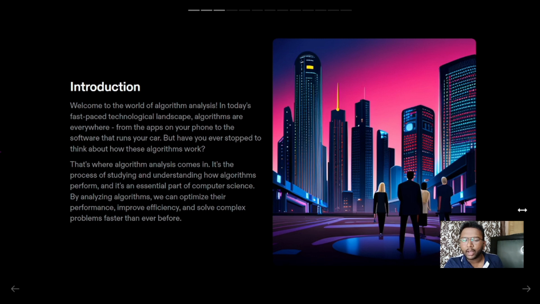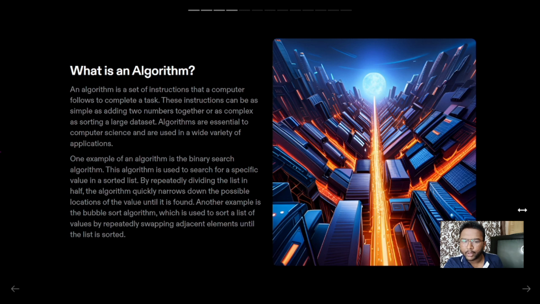That's where algorithm analysis comes in. It is the process of studying and understanding how an algorithm performs, and it's an essential part of computer science. By analyzing algorithms, we can optimize their performance, improve efficiency and solve complex problems in a faster manner.